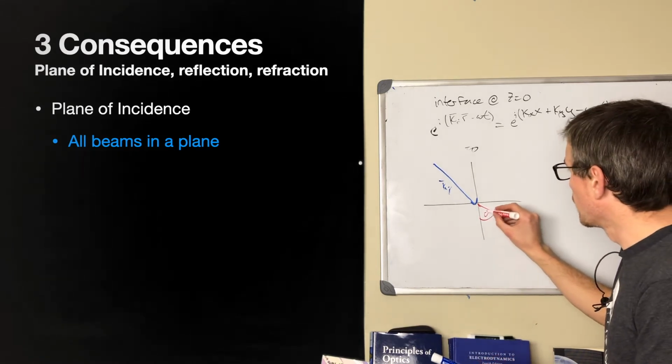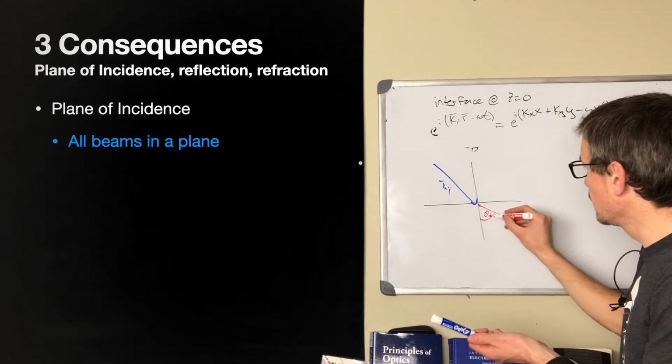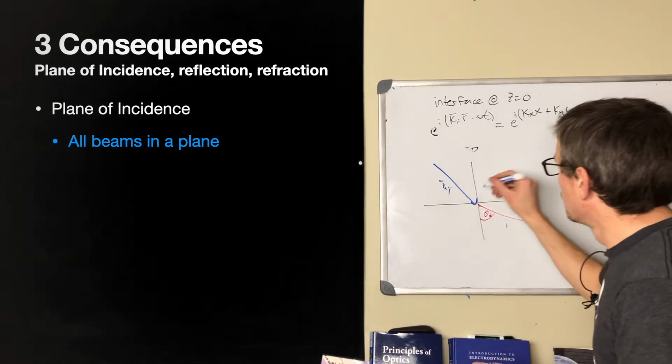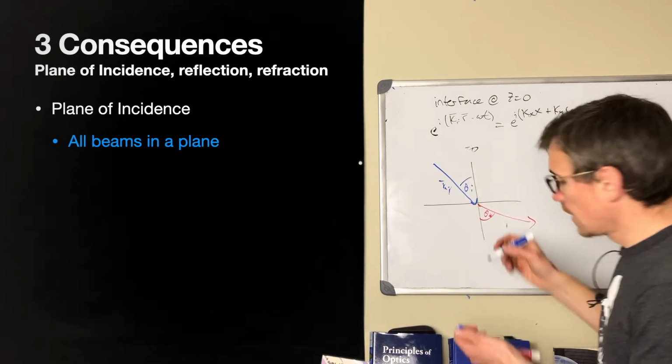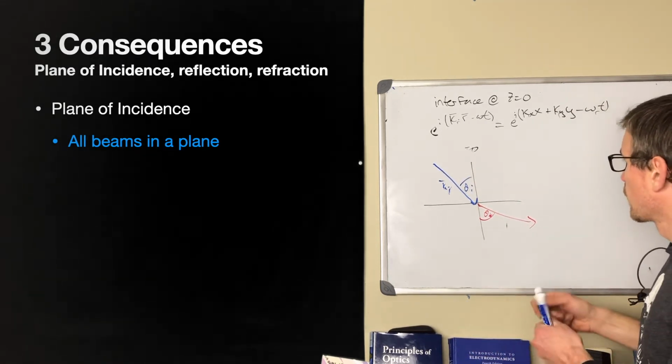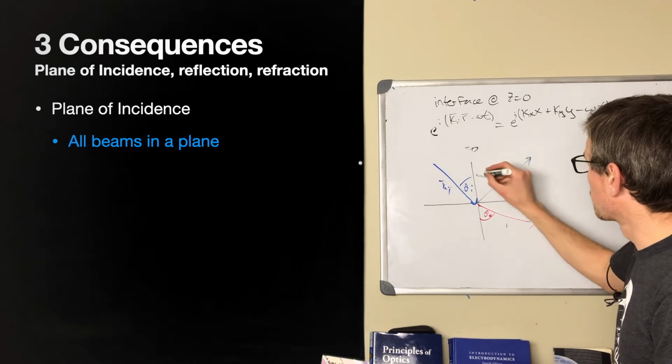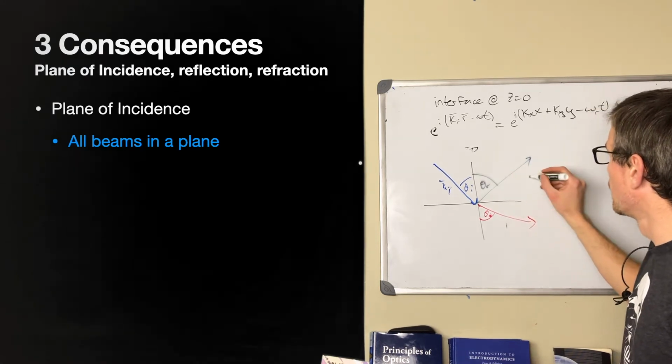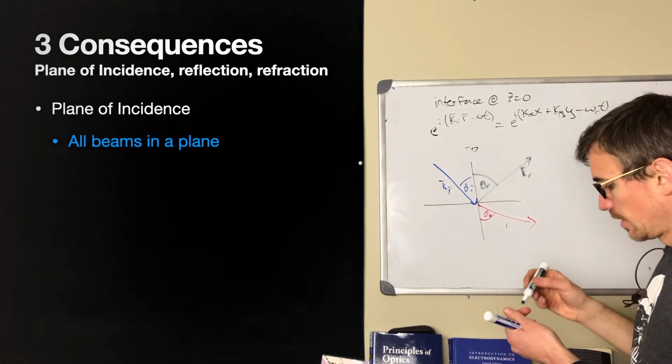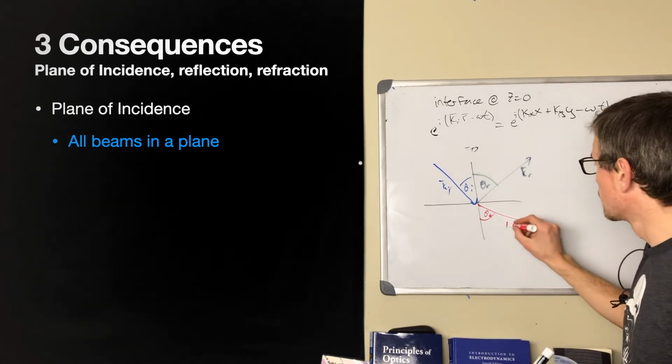Let's call this angle theta t, theta i, and some other crazy angle here. They look pretty similar, but assume that they're different. This is my reflected. What does this actually tell us?